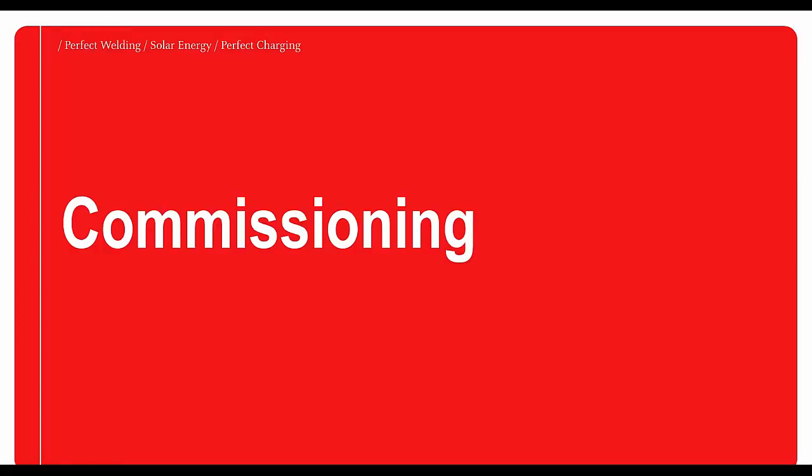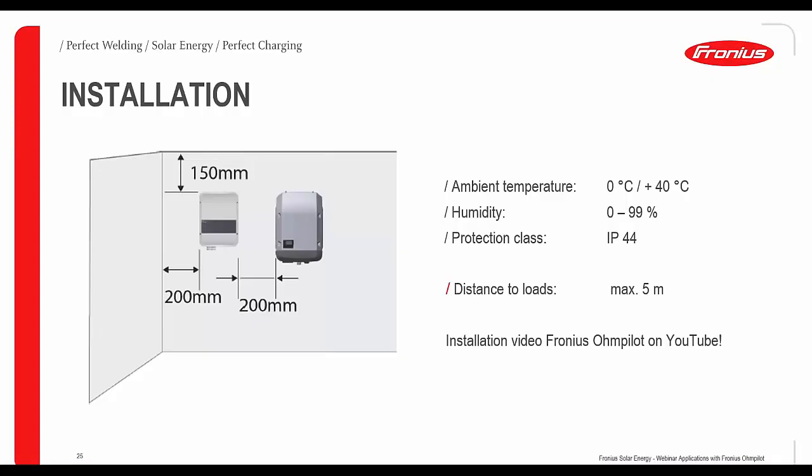Okay, a few words at the end for the commissioning. When we look at the installation, what do we need to look out for? We have these distances here. To the corners, to other walls, or to the inverter itself, we need to remain a distance of about 20 centimeters, and on the top about 15 centimeters.